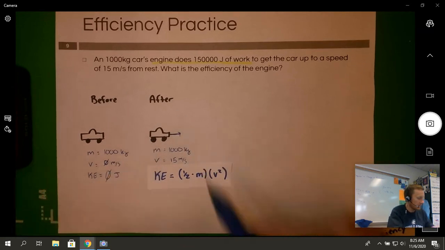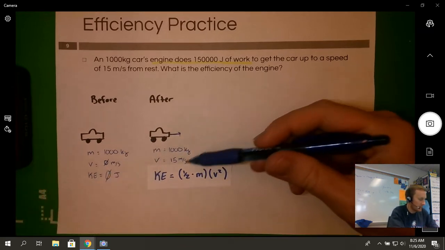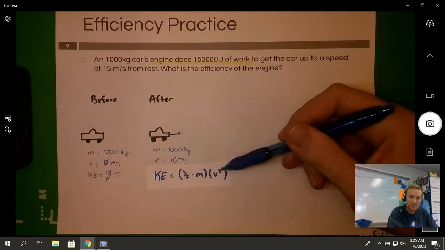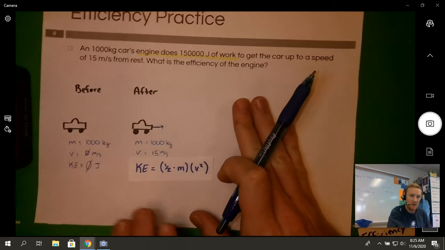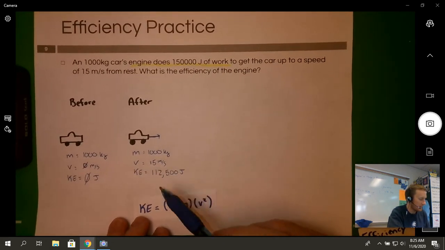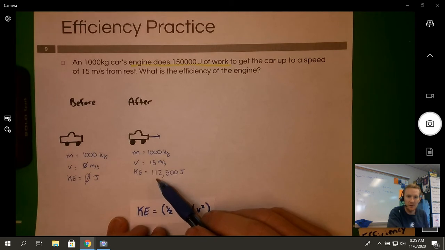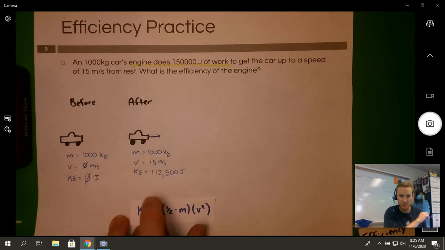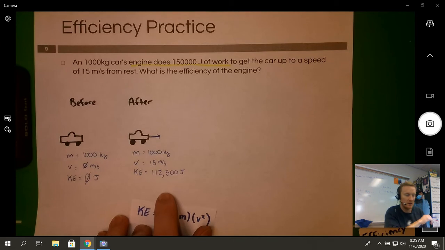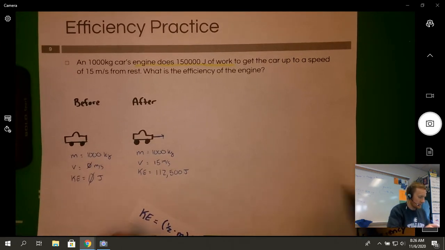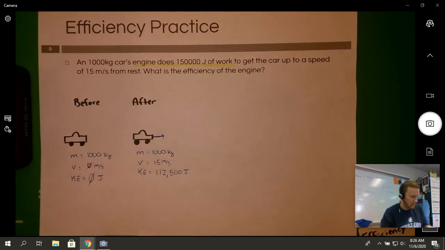Now we just have to figure out the final kinetic energy. So we'll take the mass times half, multiplied by the velocity squared. You should have gotten a final kinetic energy of 112,500 joules. Okay, so I've labeled that here. So the change in energy, right, the amount of work that was actually accomplished.